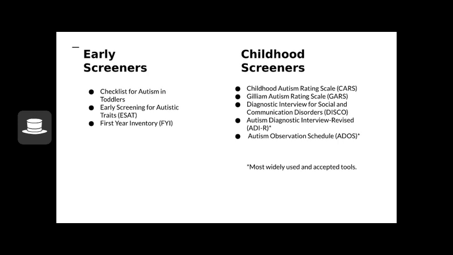We're going to look specifically at the ADI and the ADOS because these are two of the most widely used and accepted tools, and these are things that you may very well have to fill out or review as a teacher when a child is being evaluated for autism spectrum disorders.